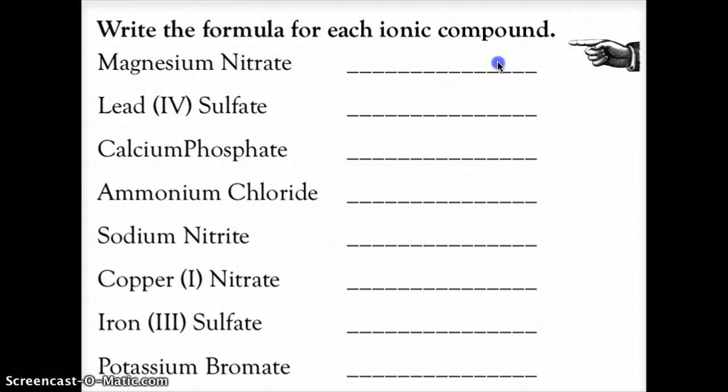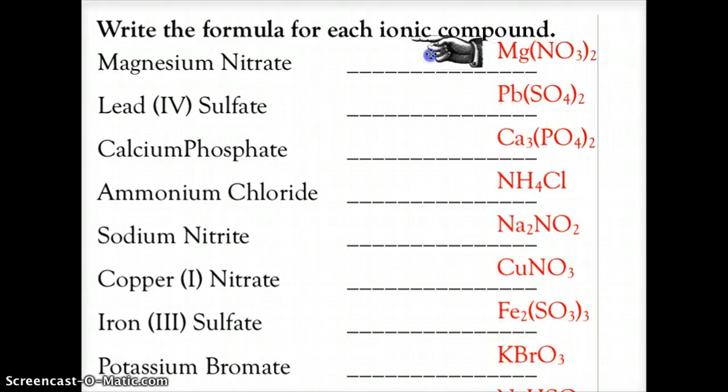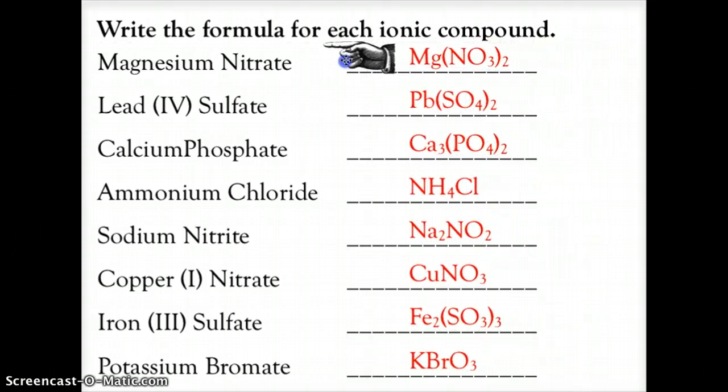So let's see how we did. So the first molecule, magnesium nitrate, is Mg(NO3)2. Knowing that Mg is plus 2 and NO3 is minus 1, we need 2 of the nitrates.